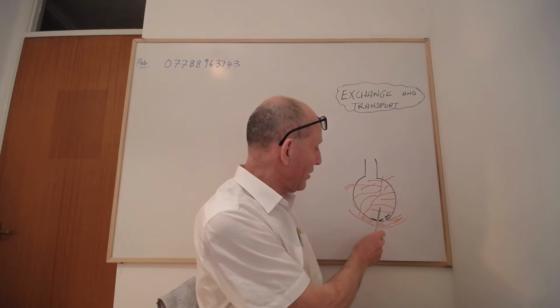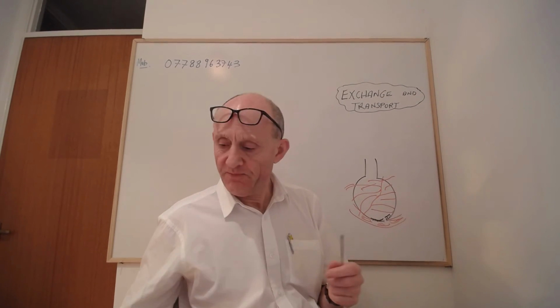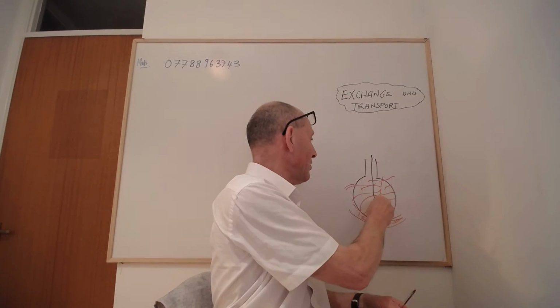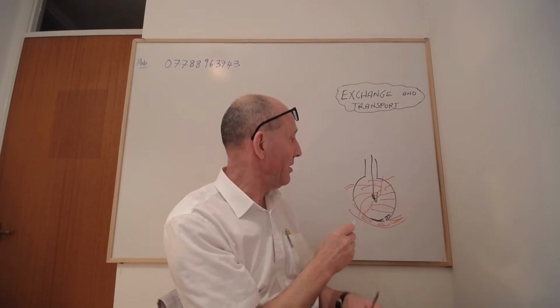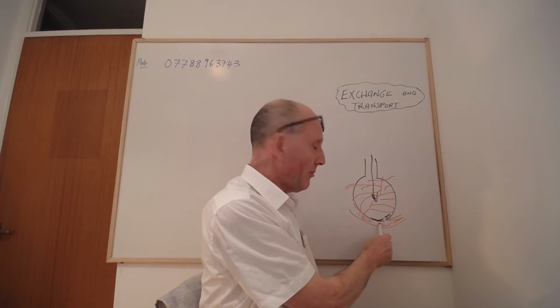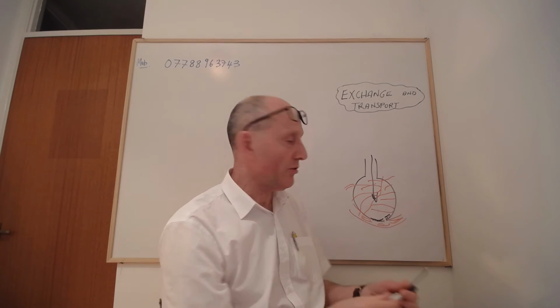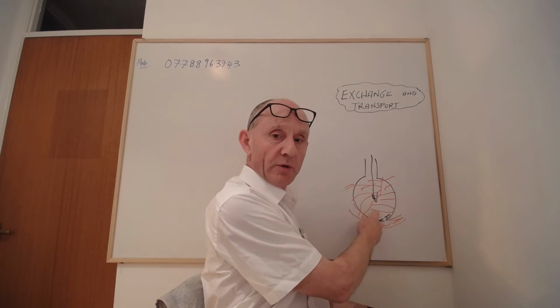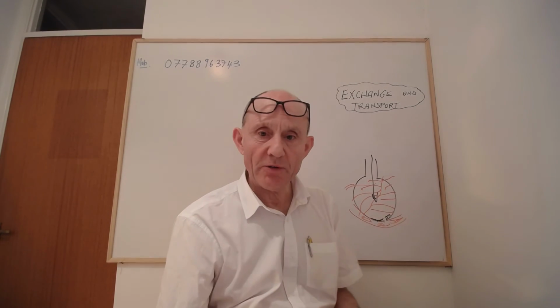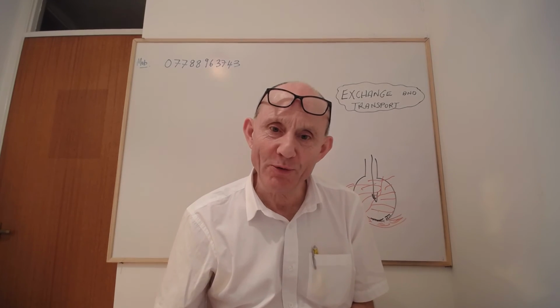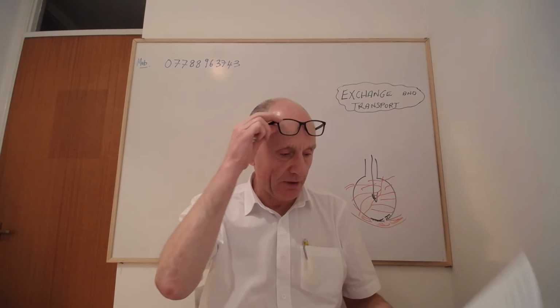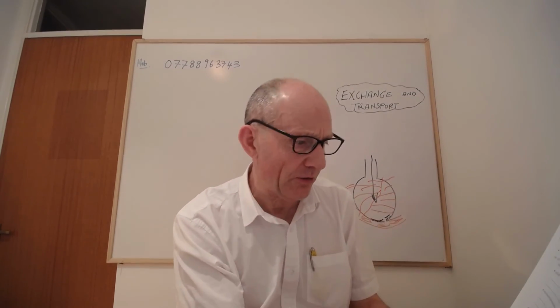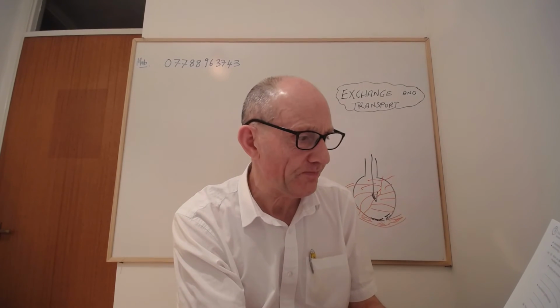So you're keeping a very high concentration in here due to ventilation. Ventilation is constantly bringing lots of oxygen in there, and the blood's quickly moving the oxygen away. So there's always a big difference in oxygen concentration between inside the alveoli and in the blood. There's always fresh blood arriving with no oxygen. That maintains the concentration gradient. Name one other factor that increases the rate of diffusion across a membrane.